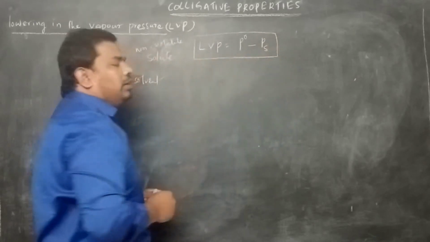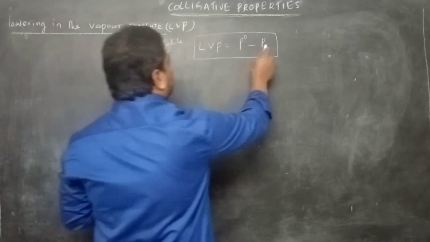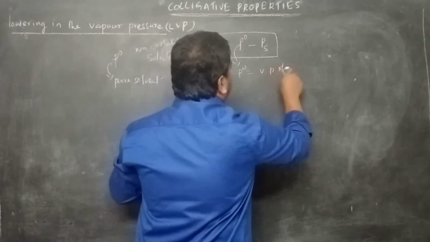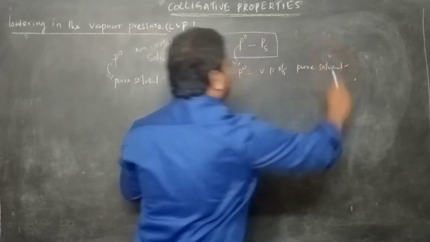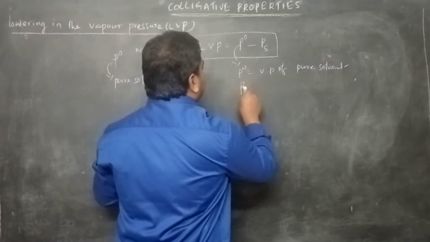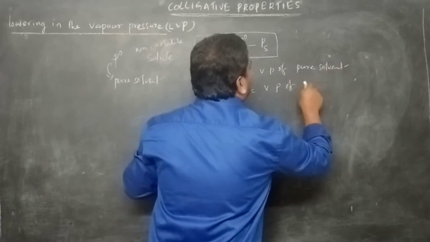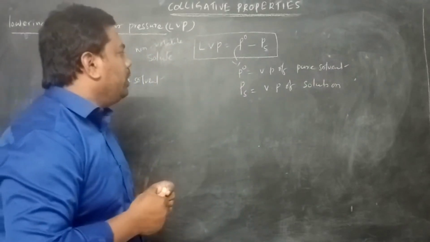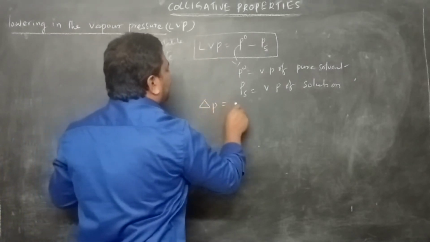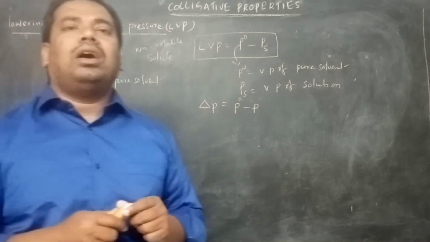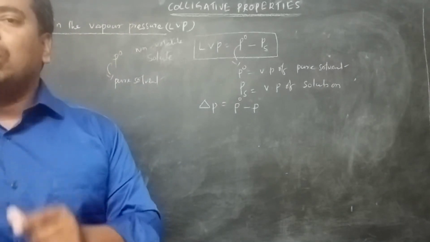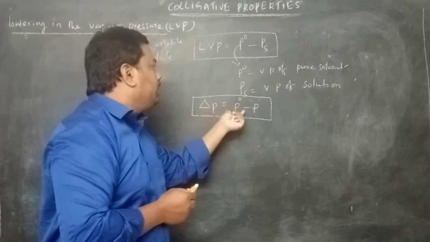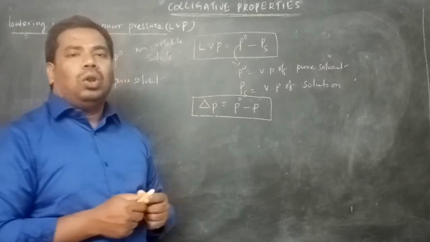P naught is the vapor pressure of the pure solvent, and Ps is the vapor pressure of the solution. Clear, students? So the lowering in vapor pressure is the difference between the vapor pressure of the pure solvent and the vapor pressure of the solution. It equals delta P, which is equal to P naught minus Ps. Clear, students? That is lowering in vapor pressure.